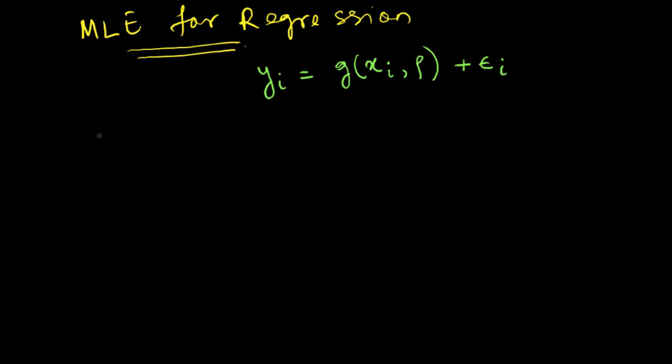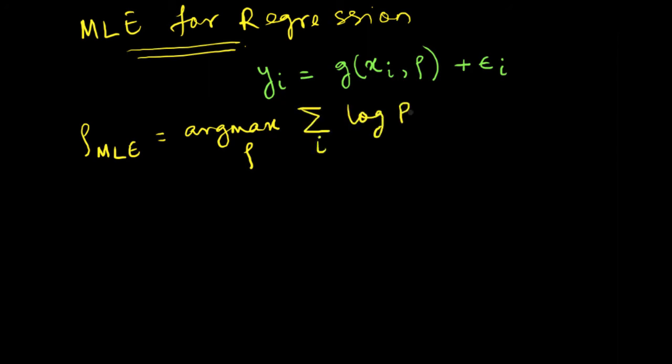So according to MLE, our rho MLE is equal to arg max over rho of the log likelihood, which is summation over i log of the probability of yi given xi comma rho.